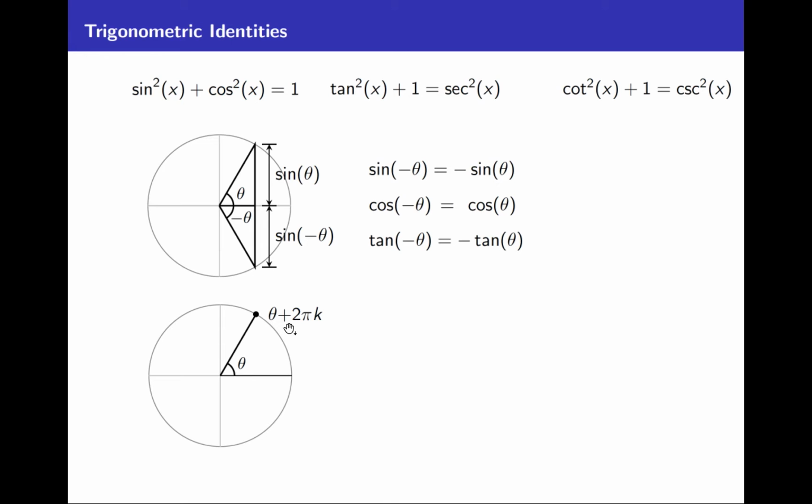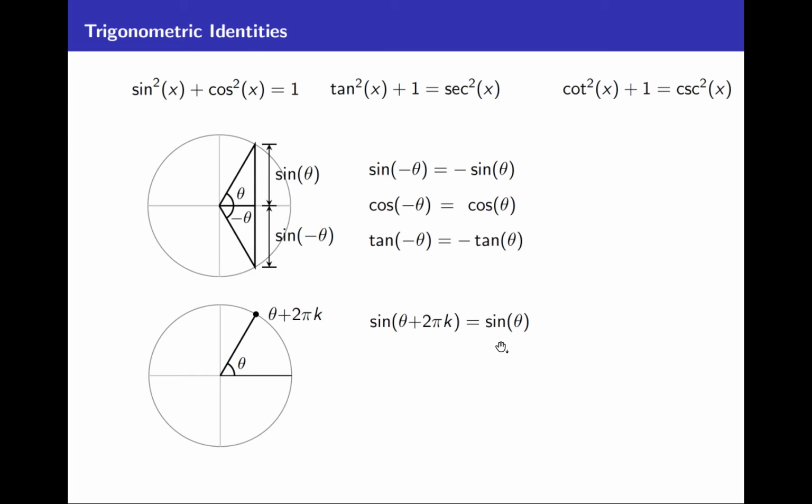So if you take sine of this radian measure, theta, that's the same result as if you took sine of theta plus 2 pi k. So sine of theta plus 2 pi k equals sine of theta. That's another trig identity. It holds for any theta and any integer k.